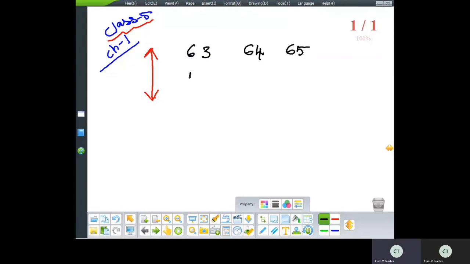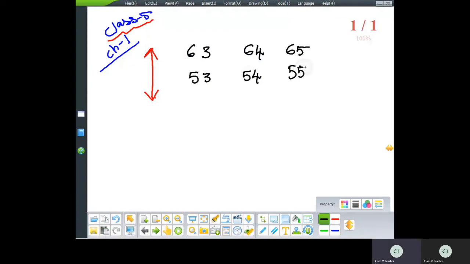Then 53, 54, 55. Then 43, 44, 45. There is a box selected. Okay, this is the box which is selected.